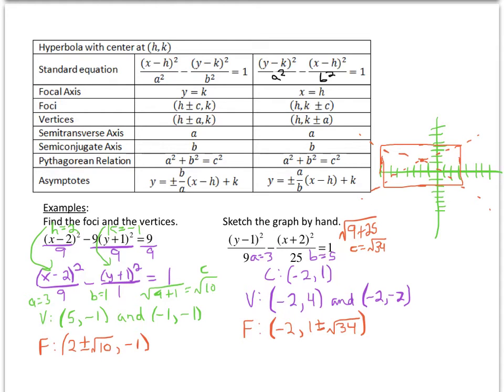If we wanted to put our vertices on here, we said they were negative 2, comma 4, which is up here, and then hey look, it's going to go up from there because y is first. That's the way that goes. Then negative 2 is right there, and then it's going to go down from there. So that's how you do it if it's not centered at 0, 0.